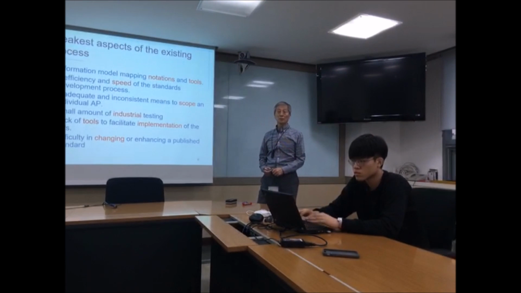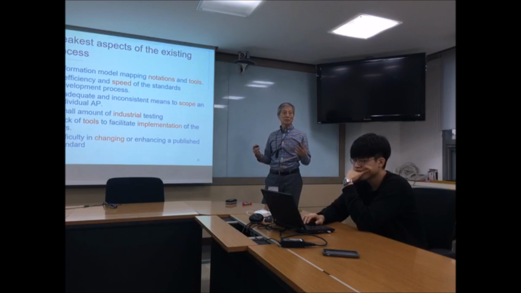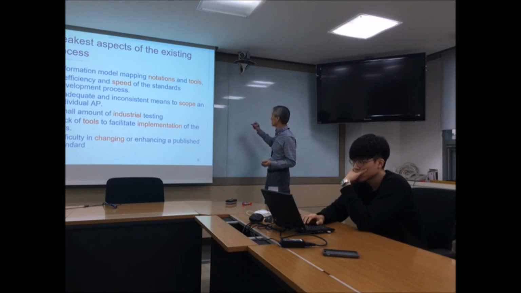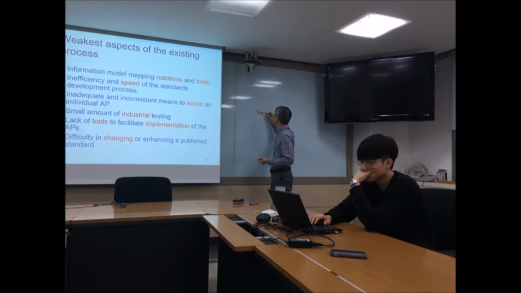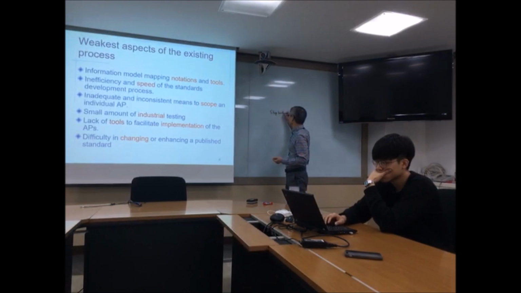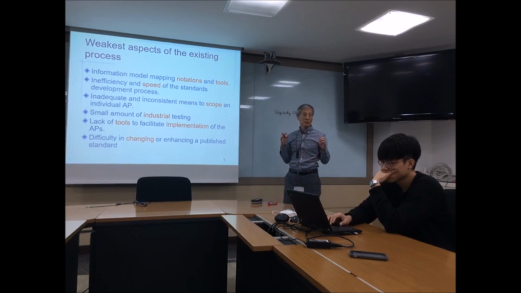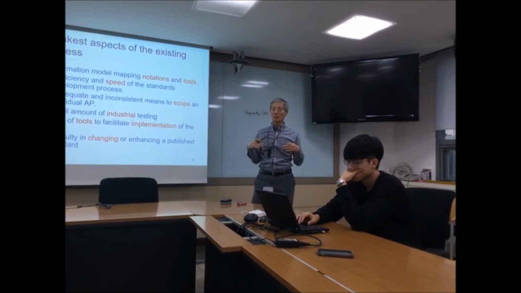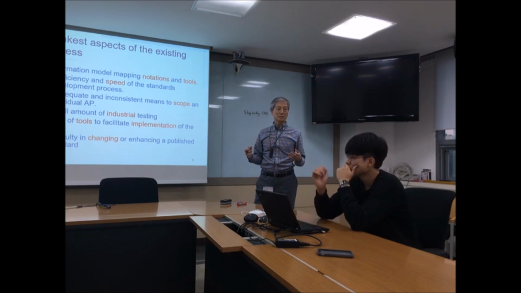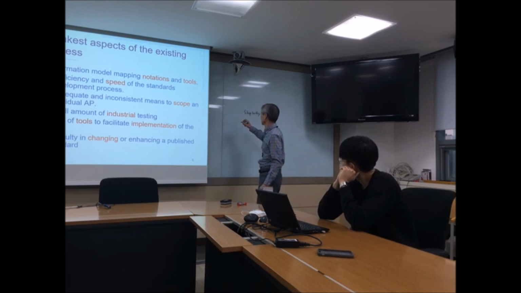most of the big shipbuilding companies had their own CAD system, their own developed shipbuilding CAD system. Because shipbuilding companies are big, they had enough resources, money and manpower, to develop their own CAD system in the 1970s.